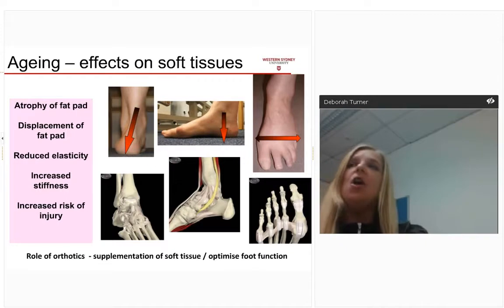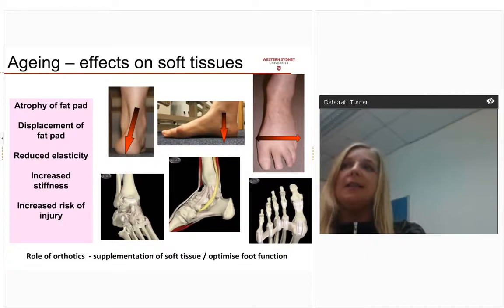Generally, we need to appreciate that the soft tissues will become less elastic with increased stiffness. When we consider the collagen in our ligaments and tendons, again, they will become less elastic and more stiff, with the likelihood of injury and development of pathology is more likely as people get older.